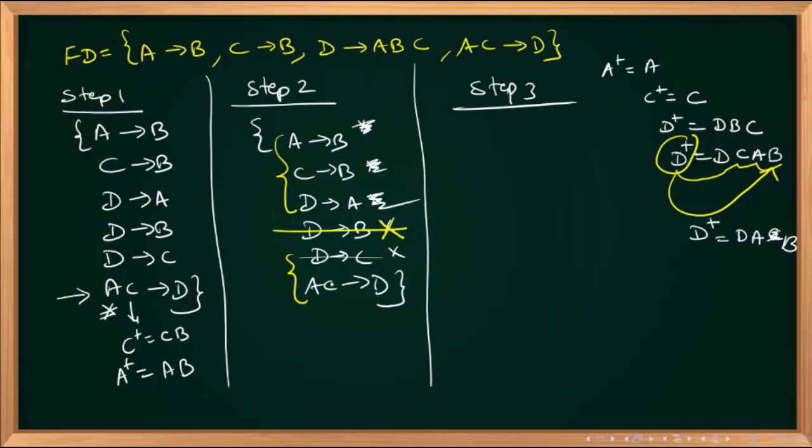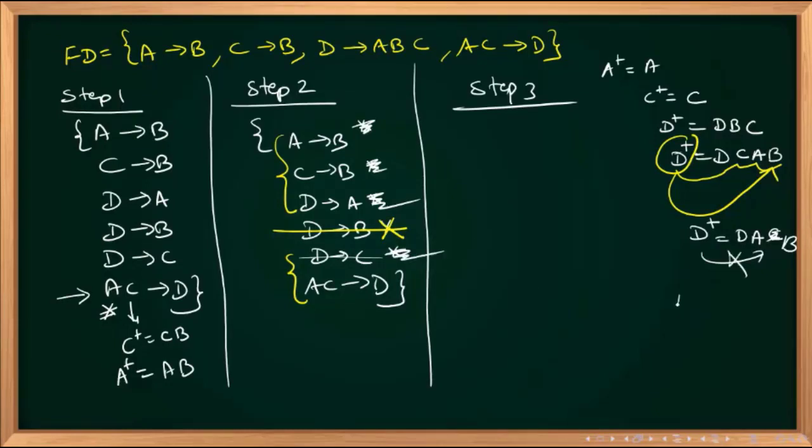Anything else? Can you type if anything else is there? D closure after removing D to C: D, A, B. Nothing else. So am I getting D to C? D to C is not coming. So I cannot remove it. So I left it.